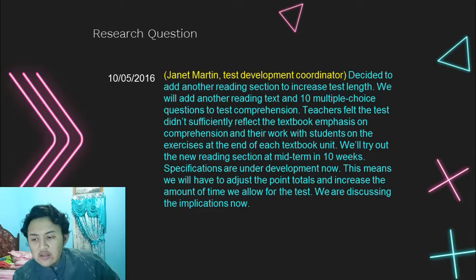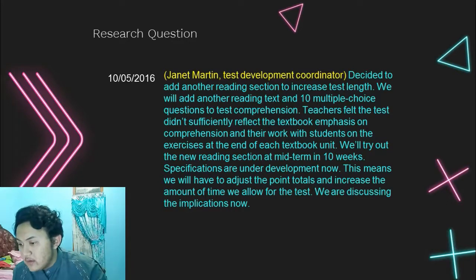Teachers felt the test didn't sufficiently reflect the textbook's emphasis on comprehension and their work with students on the exercises at the end of each textbook unit. We will try out the new reading section at the midterm in 10 weeks. Specifications are under development now. This means we will have to adjust the point total and increase the amount of time we allow for the test. We are discussing the implications.